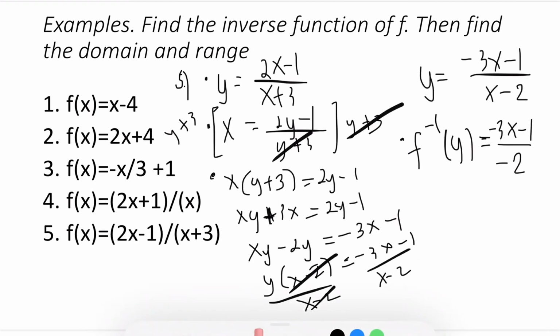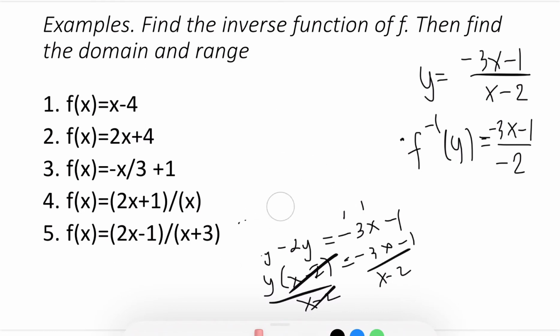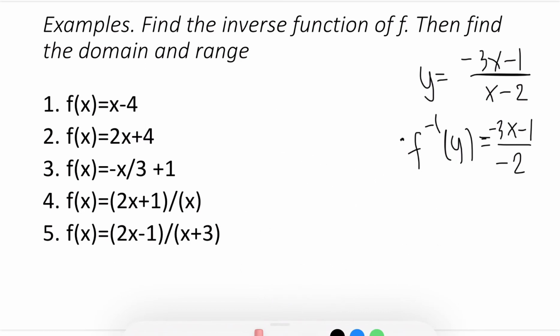Last, by the way, there was a mistake in my writing earlier, so this must be x minus 2. This one, x minus 2. So for the last part, this is still in fraction form with a variable at the denominator.